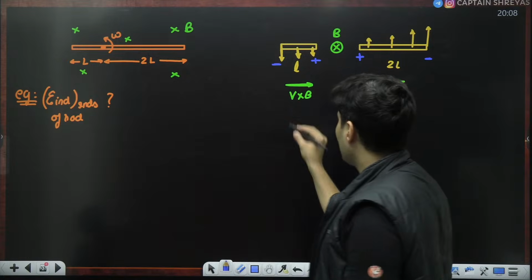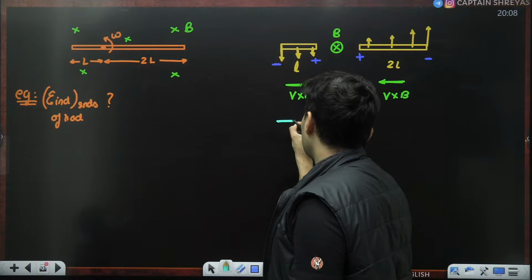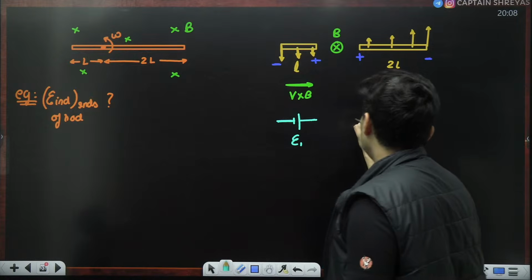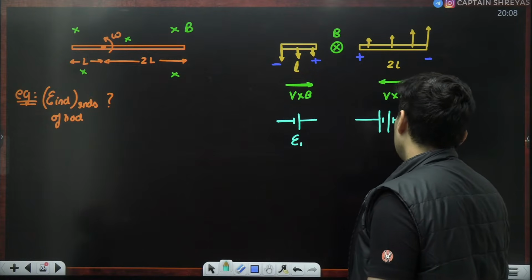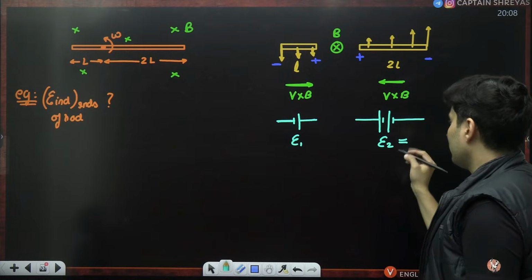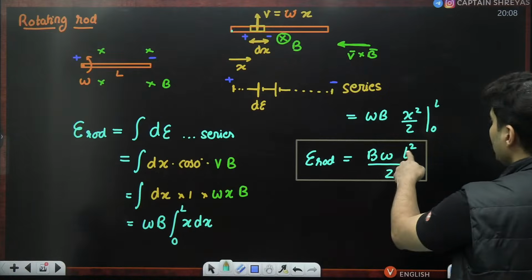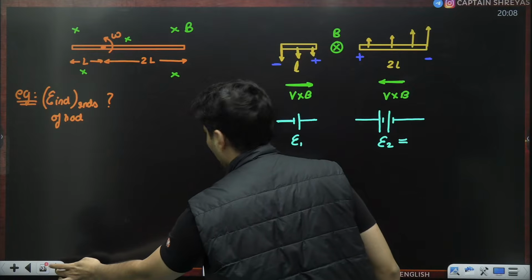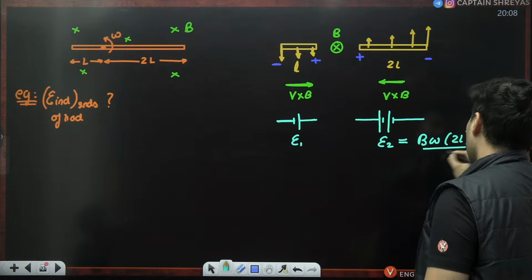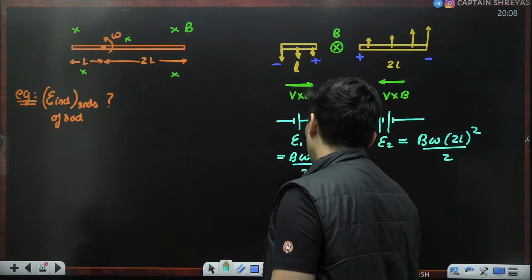Why I am doing this is because you will see that this is going to act like one EMF, let's say E1, and this is going to act like another EMF, E2, both in opposite directions. By this formula, B omega length square by 2, length will be 2L for one, and E1 will be just B omega L square by 2.